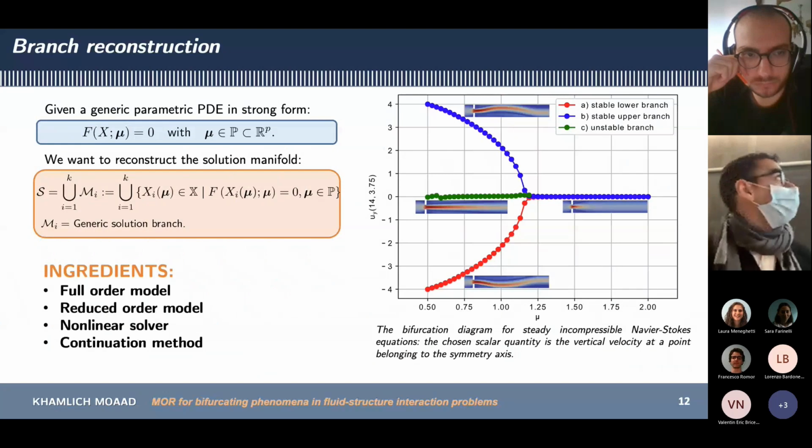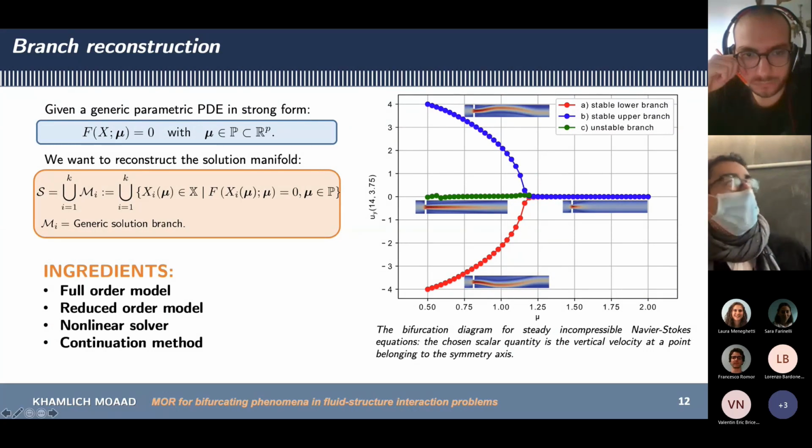So, as I said, our goal is to generate a sequence of solutions which belong to the same bifurcation branch. And by bifurcation branch, I mean just solutions which share the same qualitative features.